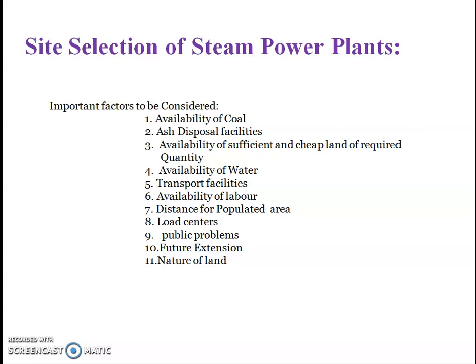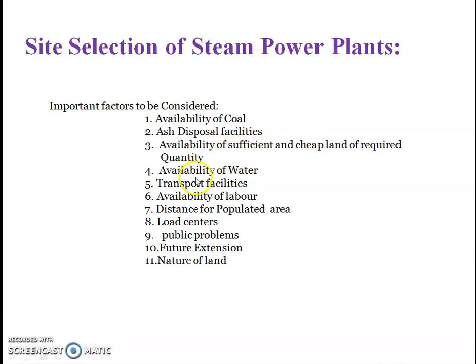The selected site for the power plant should have good bearing capacity so as to withstand the dead load of the plant, forces transmitted due to machine operations and wind velocity, etc.